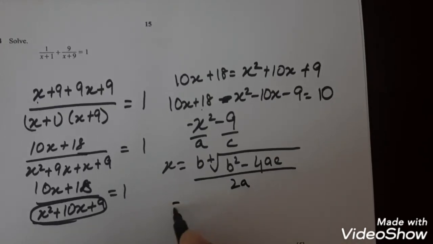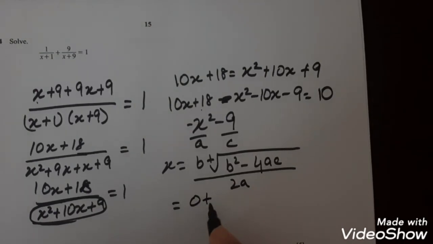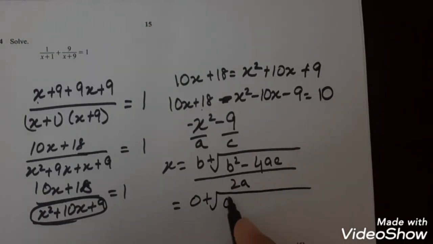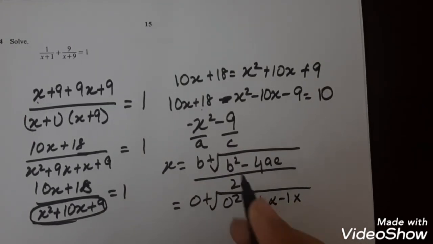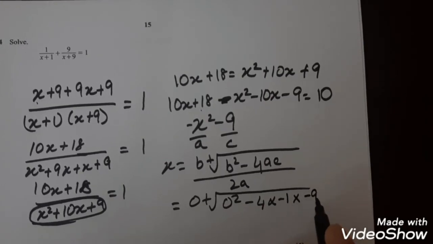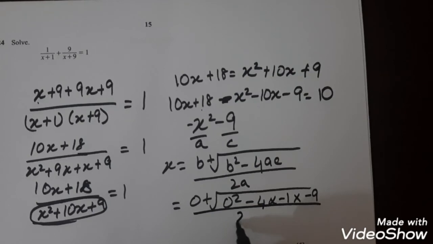So you write b, which is 0, plus square root of 0 squared minus 4 multiplied by a, which is minus 1, multiplied by c, which is minus 9, then divided by 2 multiplied by minus 1, which will be minus 3. So first we will write minus 3.